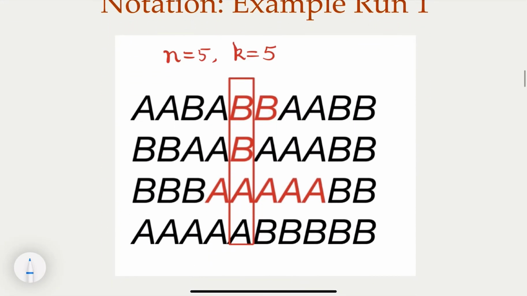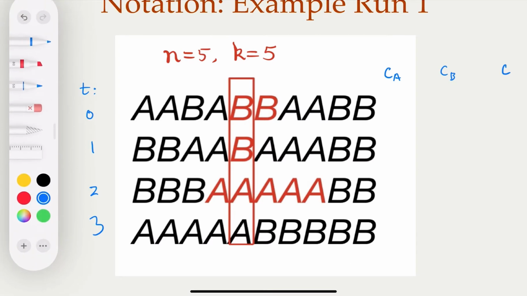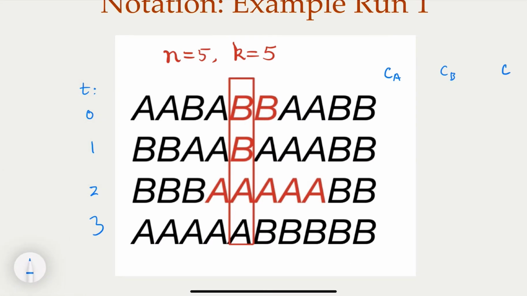With this notation, let's look at our example of the successful run and keep track of what C_A and C_B are at different times: time 0, 1, 2, 3, and what the total C is. By definition, C_A is the number of type A chains, 1, 2, 3, so C_A is 3. C_B is 1, 2, and 3.